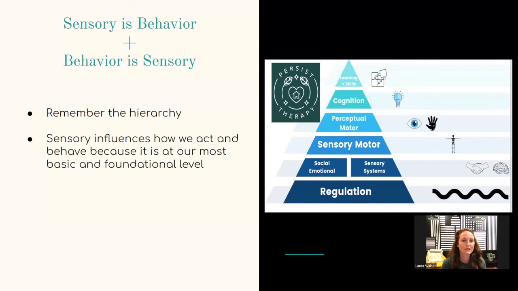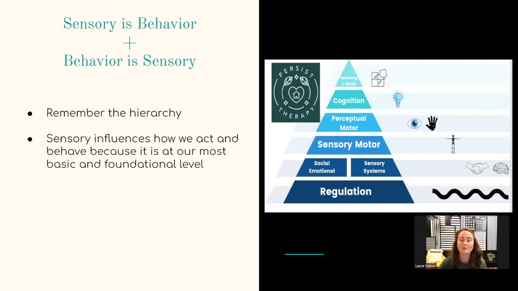So if we're starting to use a sensory lens, a great place to start is to really approach the situations and kids from a place of curiosity, right? So you might want to ask yourself, if a child is not listening, why aren't they listening? Is what I'm doing not engaging enough for them?